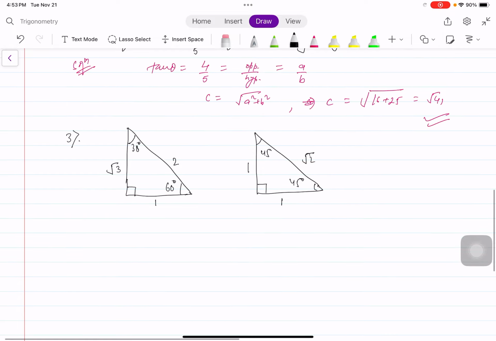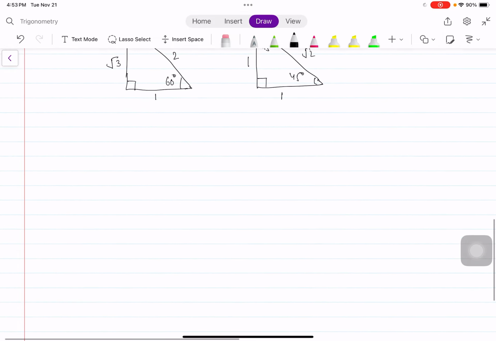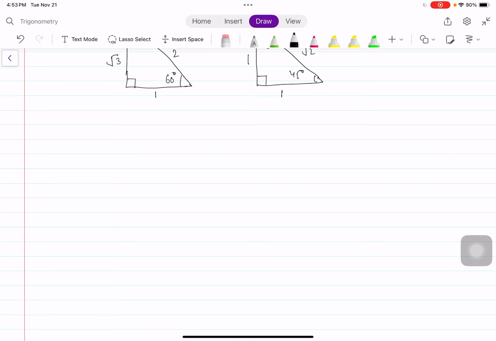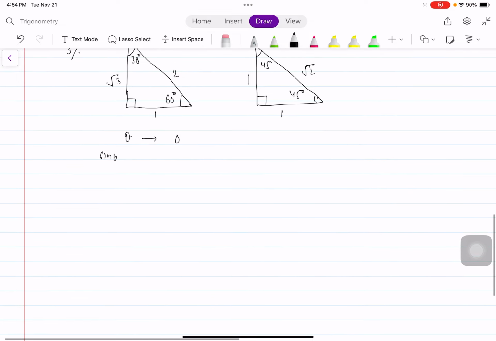By using these formulas, I will take this as an assignment. Write theta in here, and the ratios over here: sine, cosine, and tangent. We do not have 0 degree here, but we have 30 degrees, 45 degree, 60 degree.